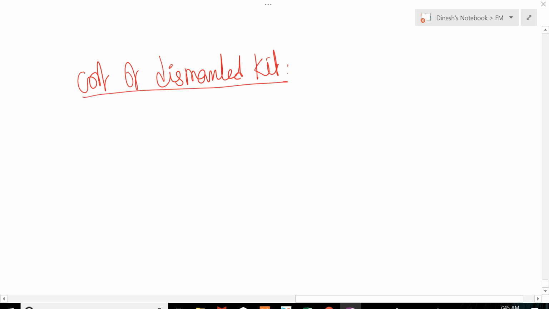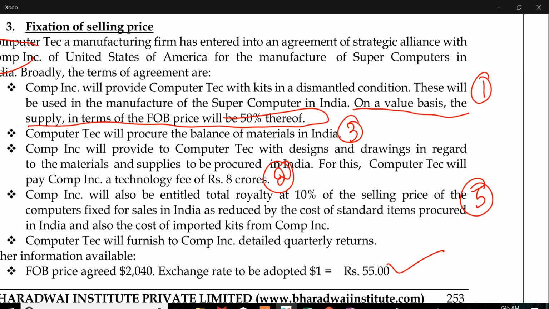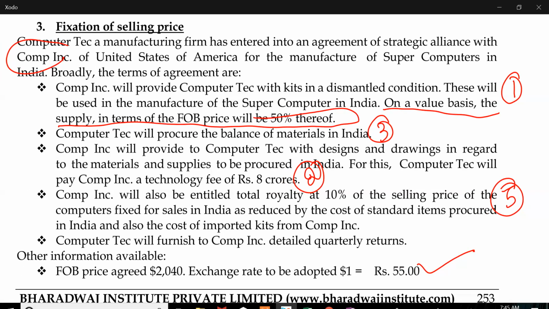This kit is going to come from the US, so I have to see what is the cost for that. Again, particulars, calculation, amount. First is the FOB price. I have to pay the FOB price to my supplier from the US.